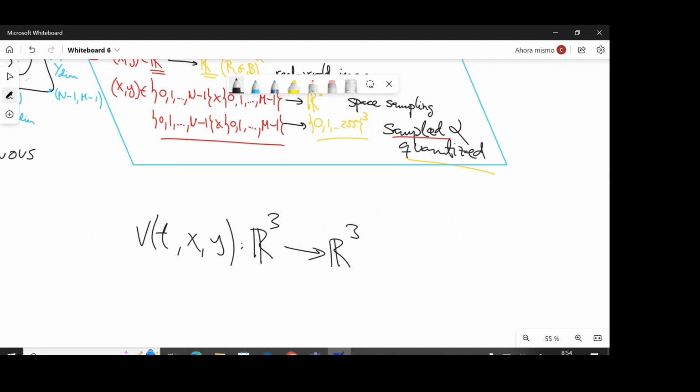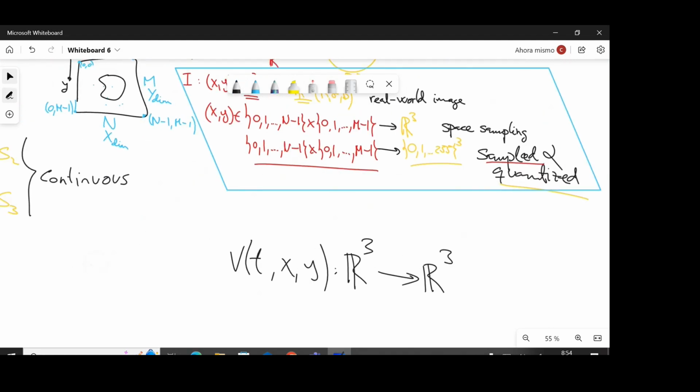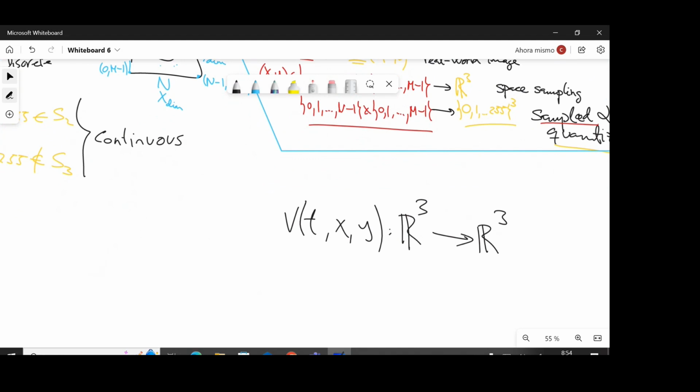What about the volume? We have a map. So let's say that we have, instead of an image, you want to represent your brain. So now we have here this color. So we have 3 axes.